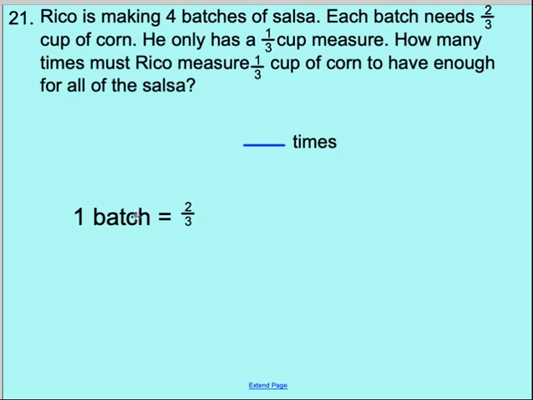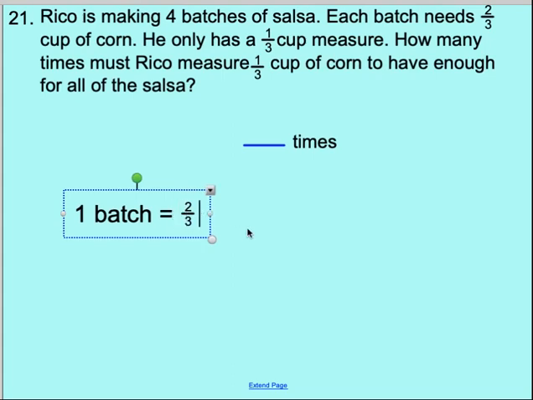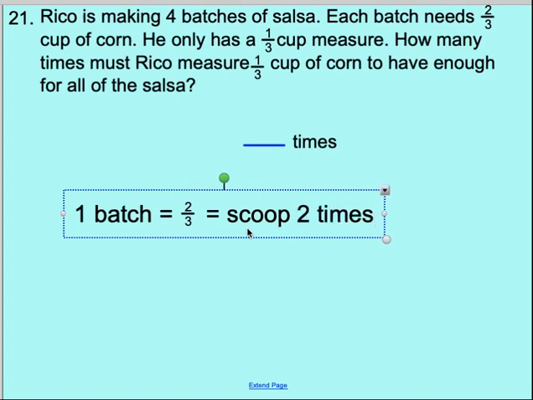Now, he only has a 1/3 measuring cup, so he's going to need to scoop the measuring cup 2 times per batch. That's just my little thought bubble, my little notes, because it's made up of a 1/3 and another 1/3. Now he's going to make 4 batches, right?